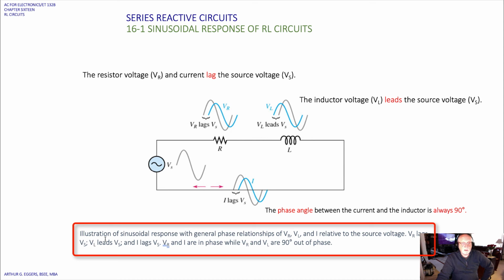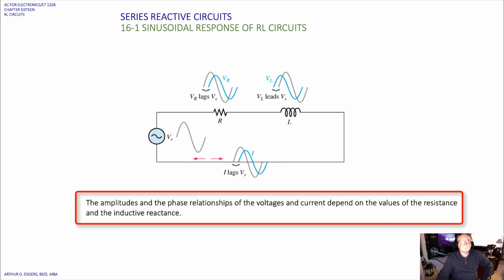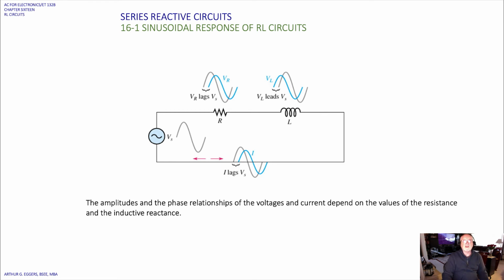And again, the note on the bottom of the page covers all of the responses. The amplitudes and the phase relationships of the voltages and current depend on the value of the resistance and the inductive reactance. So you will see the amplitudes vary as you do your calculations and or make your measurements using your oscilloscope.